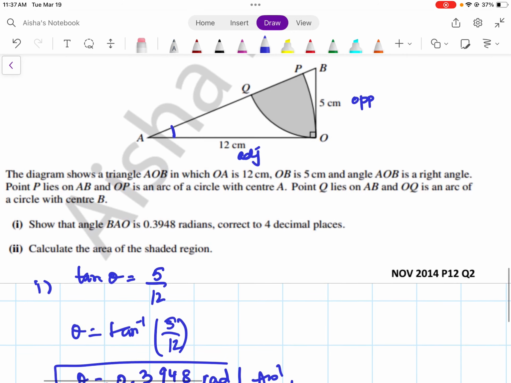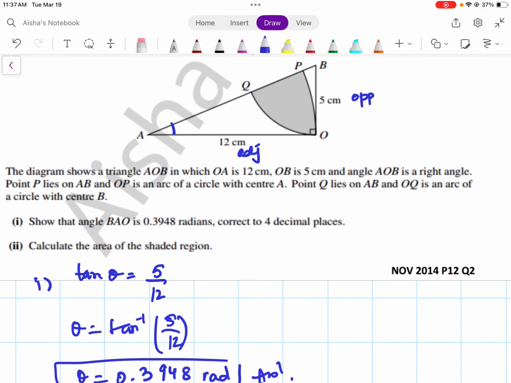Now calculate the area of the shaded region. From this entire triangle, if I subtract this sector of the circle, I will get this area.